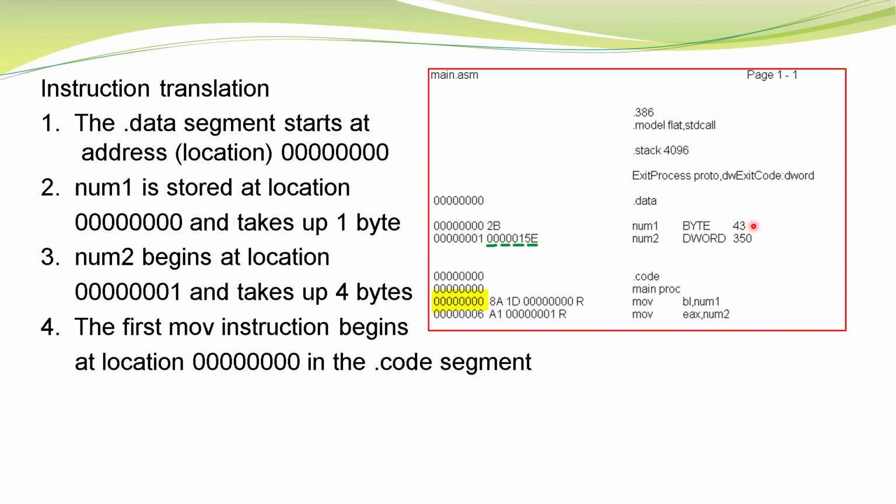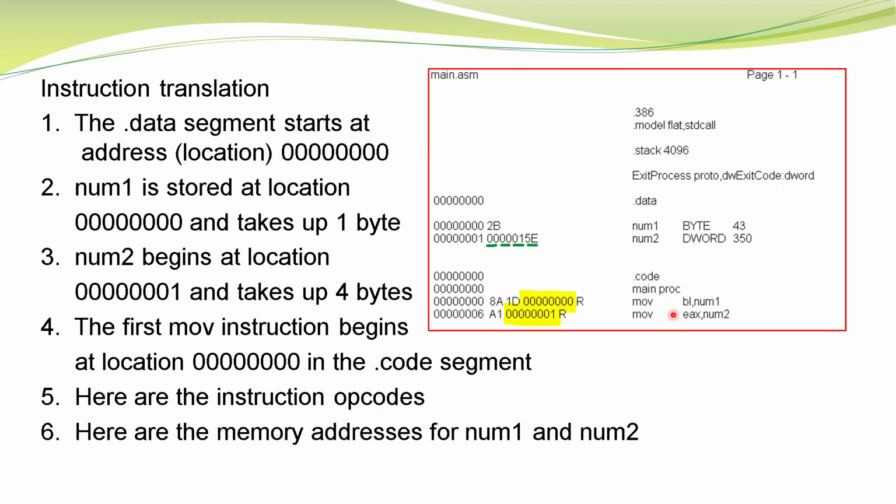We come down to the code segment now, and the first instruction starts at address 0 of the code segment. The 8A and the A1, those are what are called opcodes. 8A stands for, hey, load something into BL, and A1 stands for move something into EAX. Every instruction for every different type of operand has its own opcode.